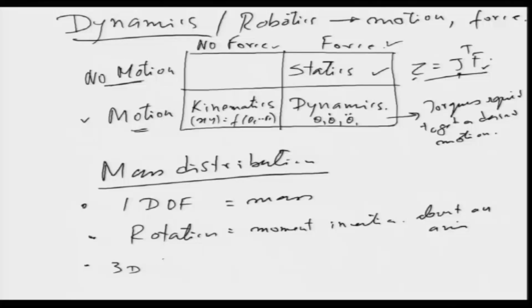So, mass and moment of inertia are not enough to characterize the motion of the body, and hence what we use is the inertia tensor. We use an inertia tensor in 3D, and the inertia tensor essentially characterizes the mass distribution of the body.